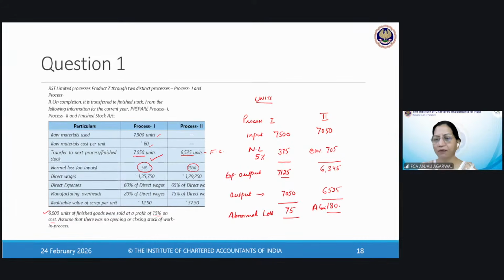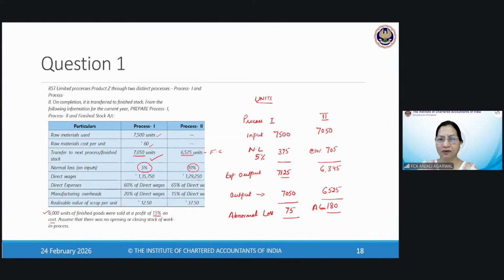That becomes abnormal gain. It means that the workers were expected to work on 7,050 units and were supposed to lose 10% units, which is 705, but they managed the task efficiently, and the actual units lost were less. They were only 525 units lost, so the output came out to be 6,525.